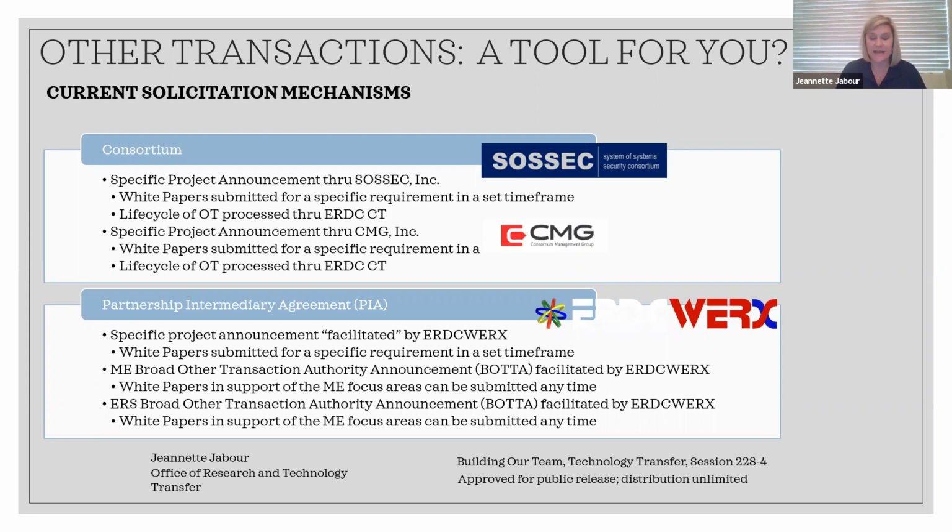We had decided that at Arctic, because it was harder to get through our special competition advocate for the consortium route, we wanted to open it up and get away from consortiums. We wanted to try something different. So we took this PIA platform and leveraged it to come up with ways that we could announce our authority.